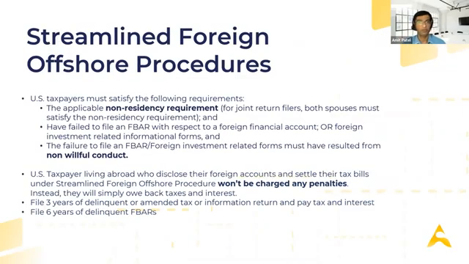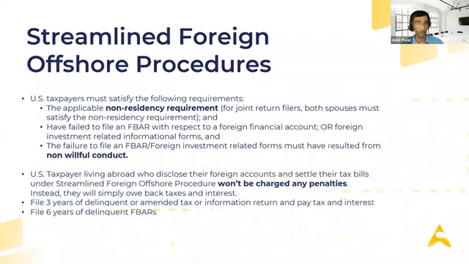On the other hand, if you are filing under the streamlined foreign offshore procedure, you don't have to pay any penalties. You just file whatever you have missed filing. But the important thing is that it is applicable to a person who satisfies the non-residency requirement.